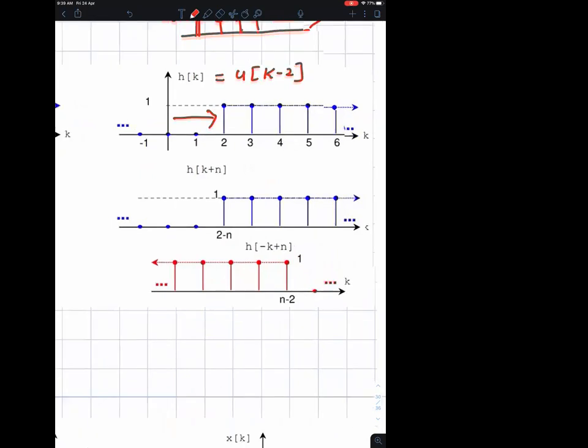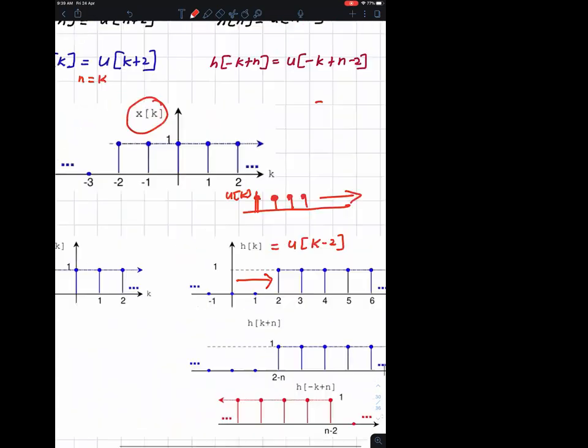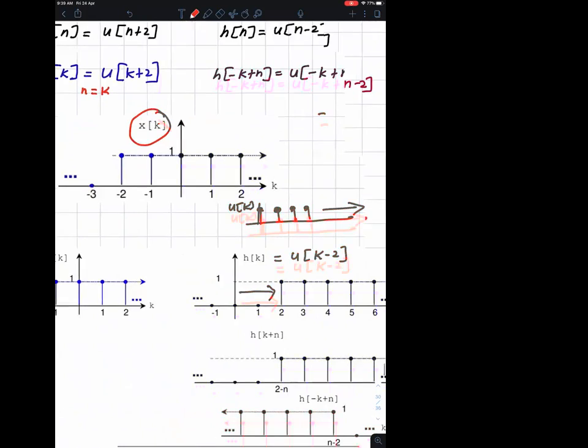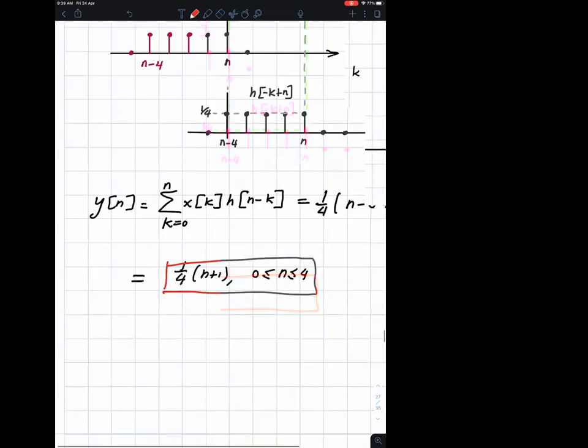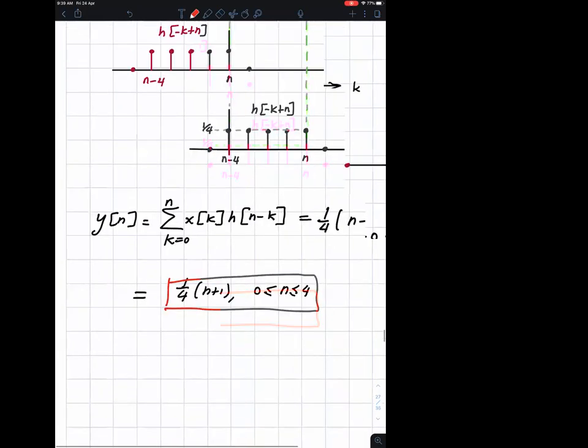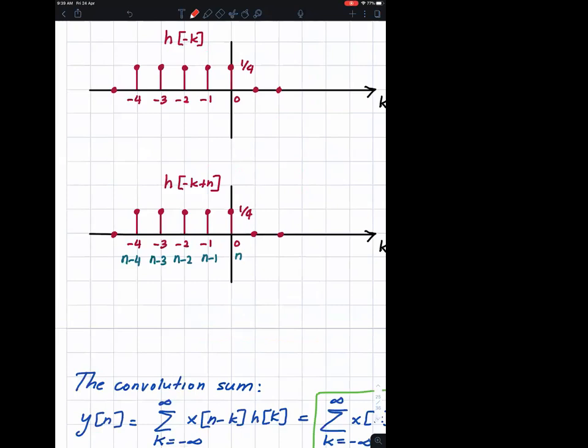In my previous case, when you added n, you plus n after you were inverting the signal.